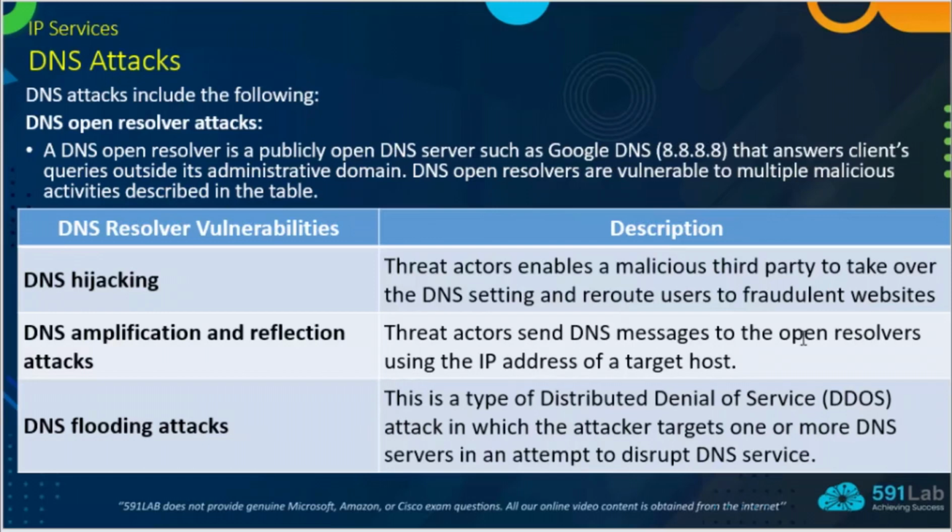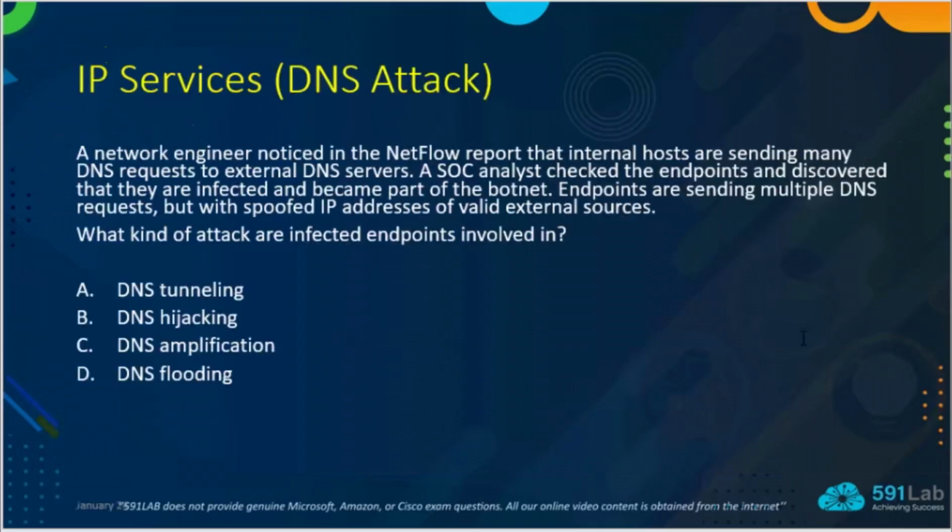So in this case, when an attacker sniffs into your network and uses your own IP address to send a request to DNS, that is DNS amplification, and that's exactly what happened in the case of our question here. So option C is our answer to this question. That's the kind of attack that has infected that endpoint.